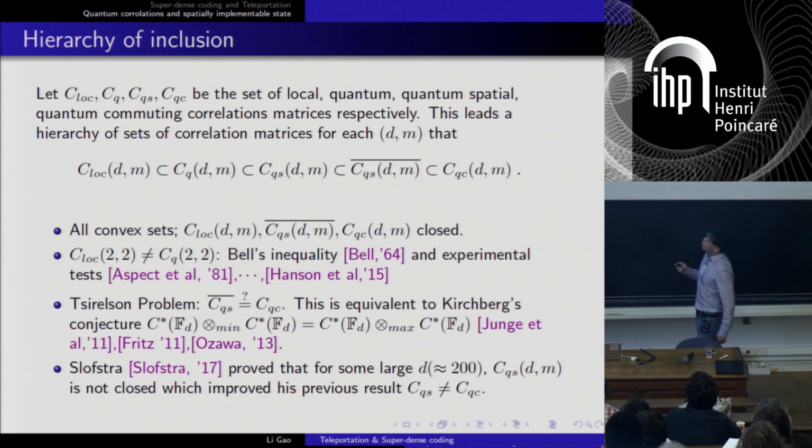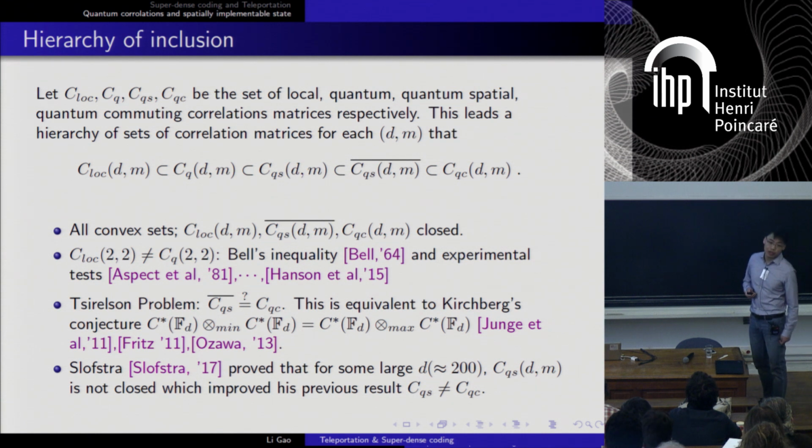We know all the sets are convex, the first and the last one are closed, and the closure is also naturally closed.